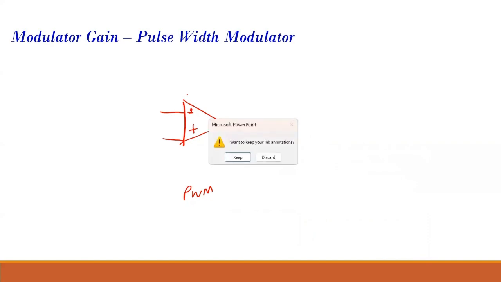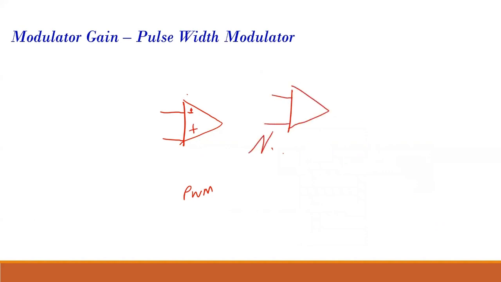Assume this is my PWM modulator. This is my sawtooth waveform, and this is my V-con, and this is my V-ramp, and this is my output, which gives my duty ratio.